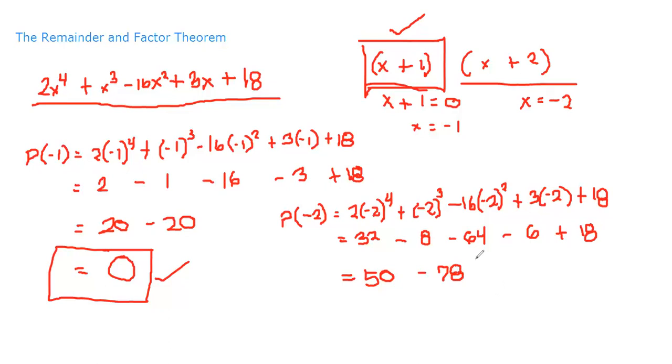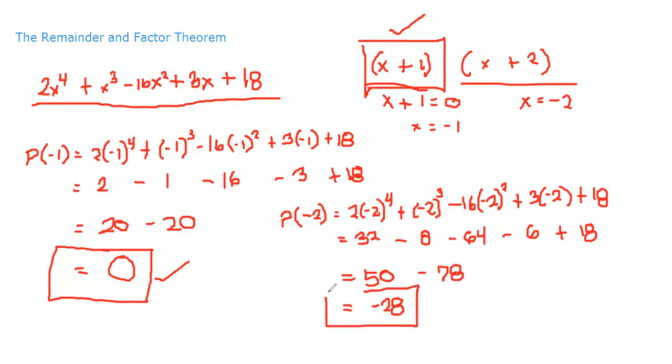Tama? So, 50 minus 78, that is negative 28. Pag may mali ako sa addition, 64 plus 6, that is 70 plus 8, 78. May negative siya kasi negative naman yung mga pinagsasama-sama ko. I will combine all the negative numbers, so the answer will be negative 78. Diba? So, negative 28 ang ating sagot.